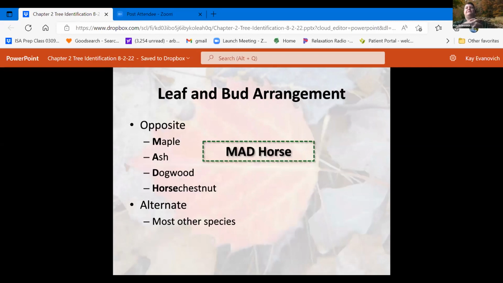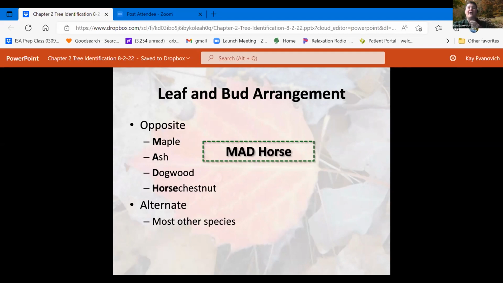So for leaf and bud arrangement, there are only a certain number of opposite species, right? That would be maples, ash, dogwood, and horse chestnuts. You can remember them very simply by thinking MAD HORSE. It's a mad horse, look out.